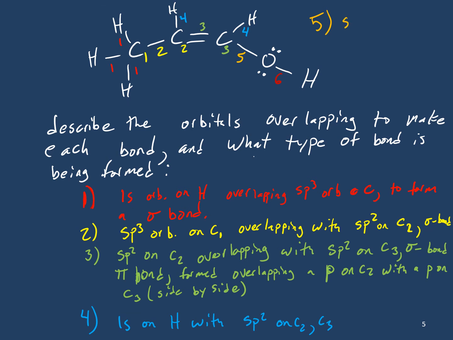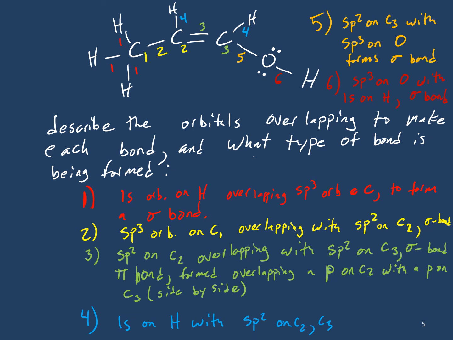This is going to be the sp2 on carbon 3 with the sp3 on oxygen, and it forms a sigma bond. And finally, we have number 6. This is going to be sp3 on oxygen with 1s on hydrogen, forming again another sigma bond.